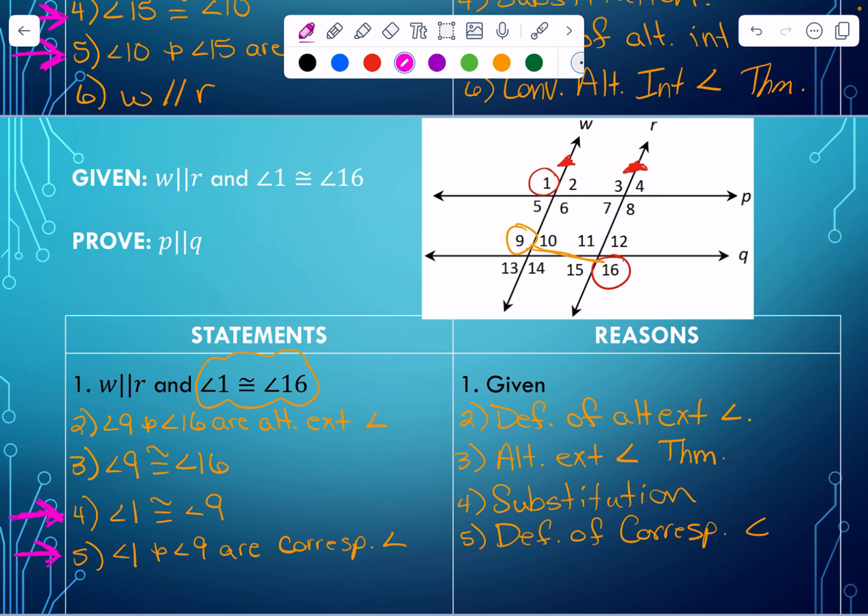So step number 6 then tells me that those two lines have to be parallel, and that is by the converse corresponding angle theorem. And that is some examples. That's not the end all of how we use them, but that is some examples of how we use those converse theorems to prove lines parallel.